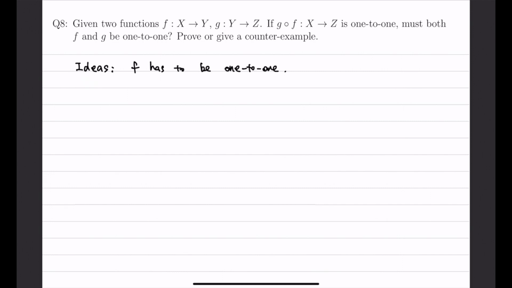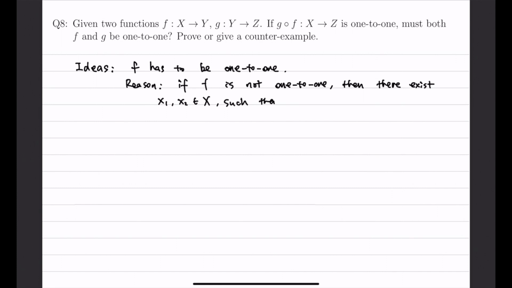And the reason for this is that if f is not one-to-one, then there exist x1, x2 from the set X such that x1 is not equal to x2 and f of x1 is equal to f of x2.